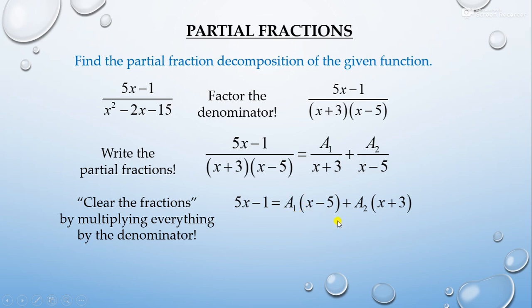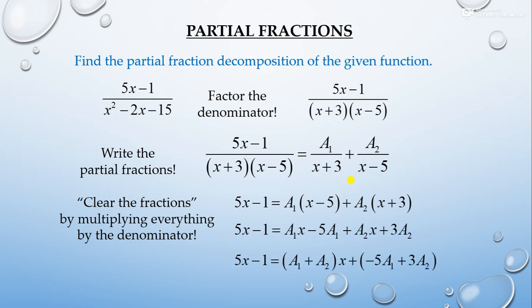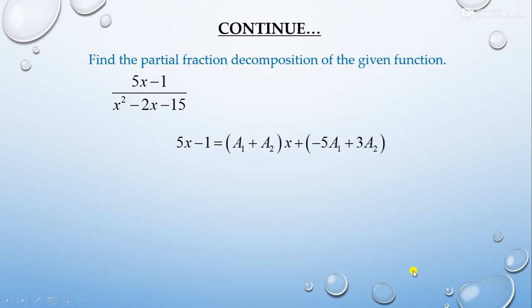For this, first we combine all the terms of x, which gives a1 plus a2, and when we combine the constant terms, that is minus 5a1 plus 3a2. Now how to solve it?